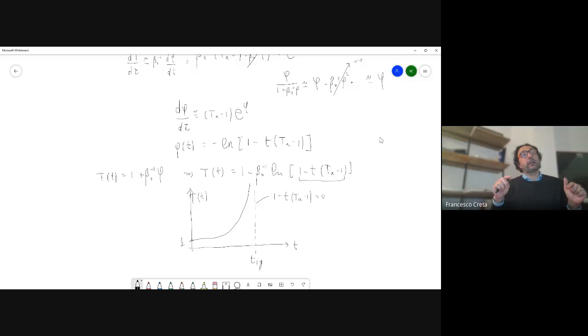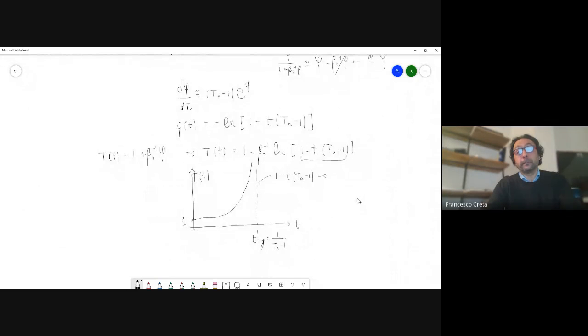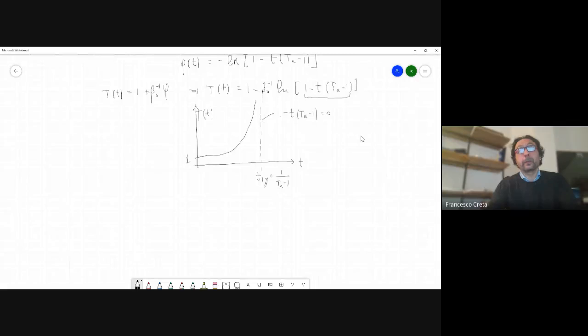So what the asymptote will tell us is that this is the actual ignition time, okay, which will have an expression of this sort here, okay. So you see that it can be kind of simplified, you know, the whole theory, if you have enough mathematical tools.